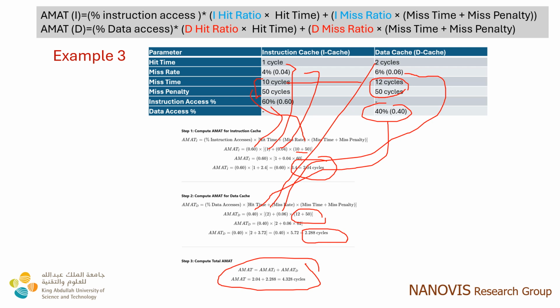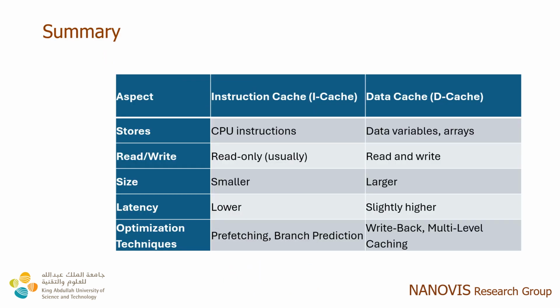AMAT. In summary, in the hardware architecture we have separate L1 caches, which are the instruction cache and the D cache. Why do we need this? Because in modern parallel computing we need both data and instruction at the same time.